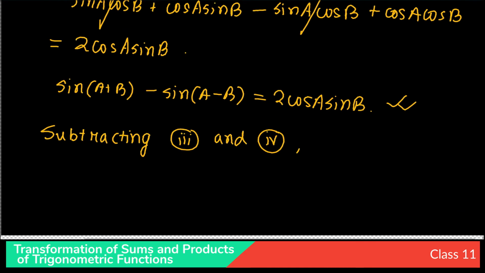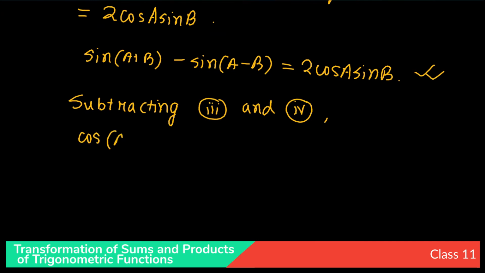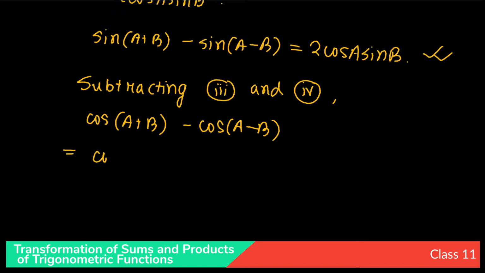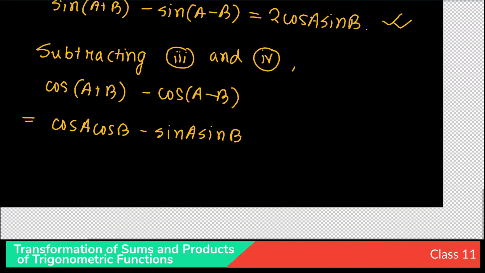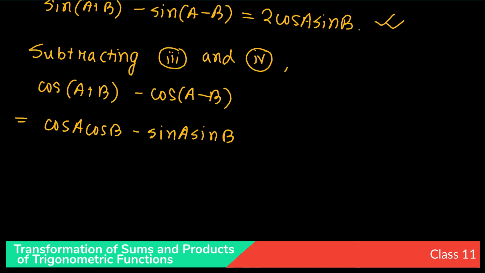what we can write, it is cos of A plus B minus cos of A minus B is equal to what? It is cos A cos B minus sin A sin B. Now the general formula of cos A minus B is cos A cos B plus sin A sin B. So here in place of plus, it is minus.